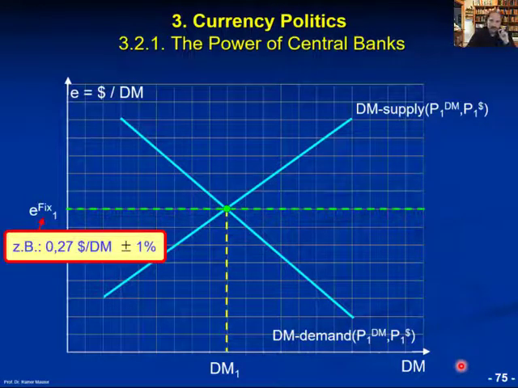We assume that in the initial situation the equilibrium exchange rate equals the fixed exchange rate between dollar and Deutsche Mark according to the Bretton Woods Treaty, which was 0.27 dollar for one Deutsche Mark.